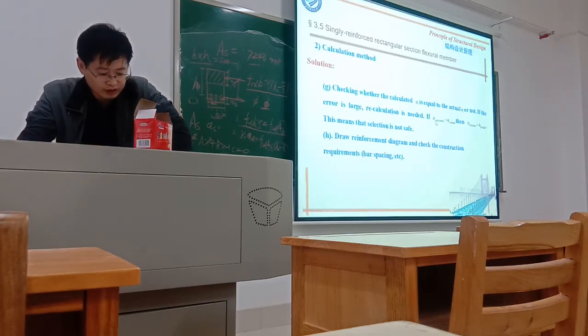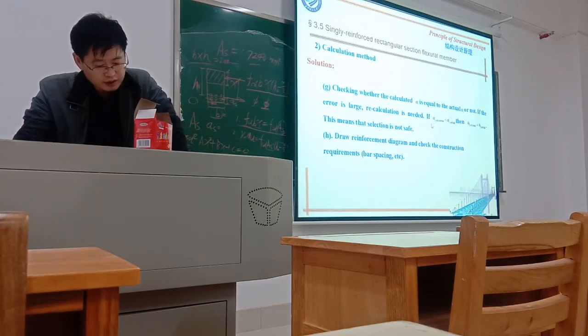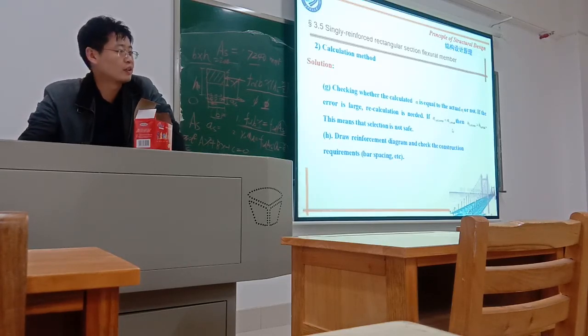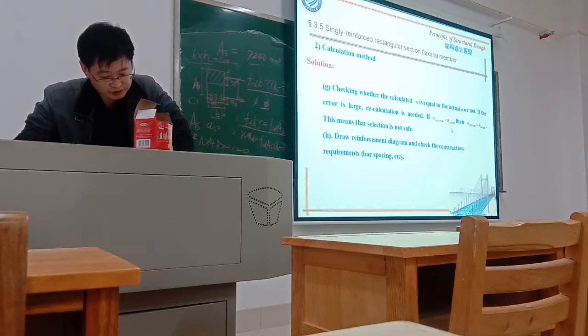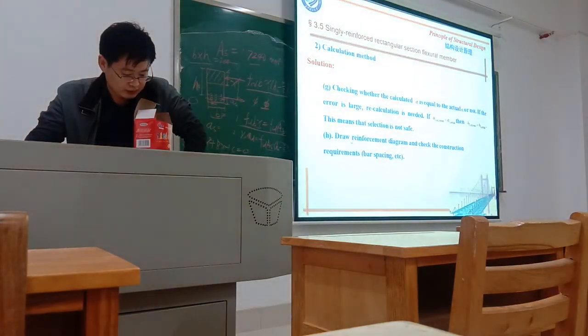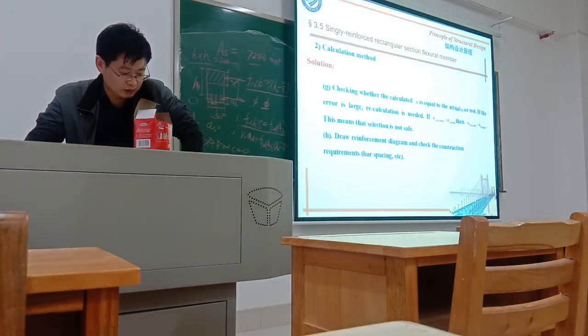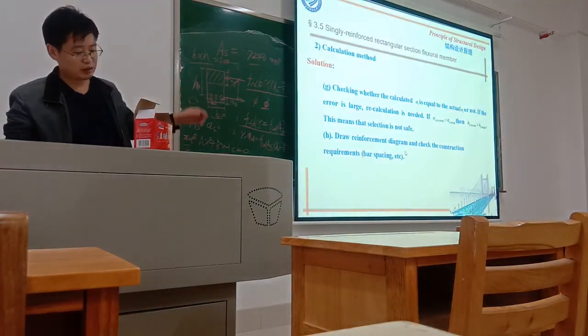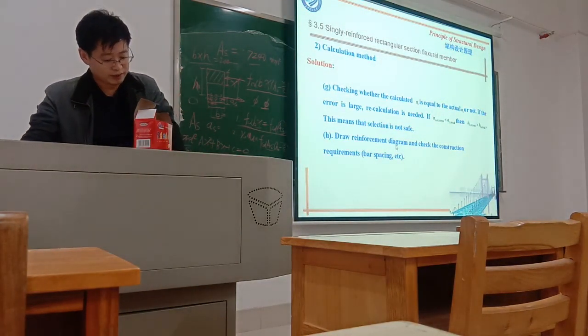If the assumed AS is smaller than the actual, that means it's not safe. So finally, you draw this arrangement for your section, how to arrange your steel bars.